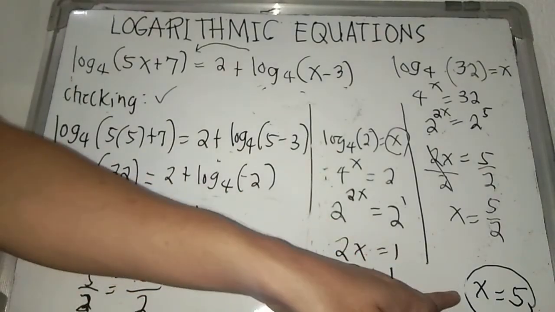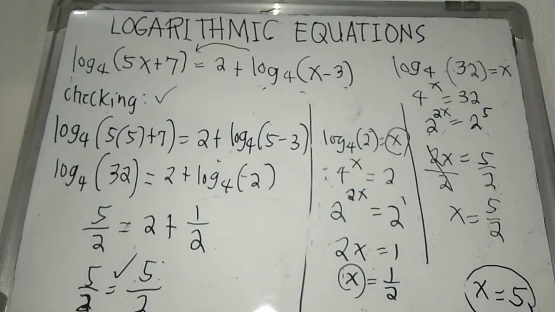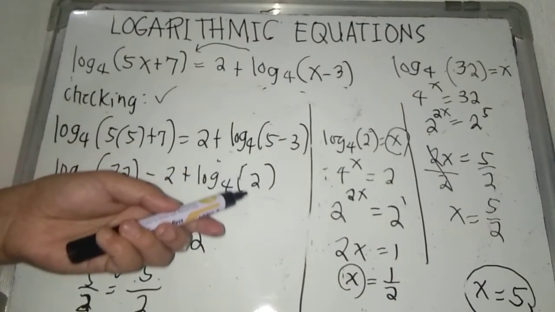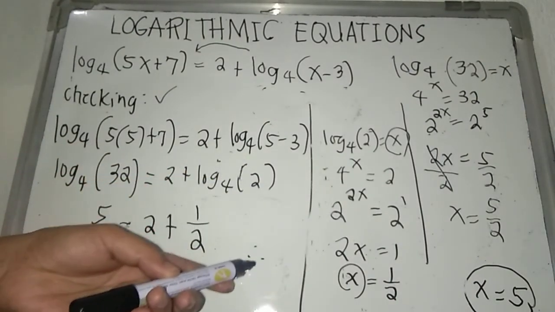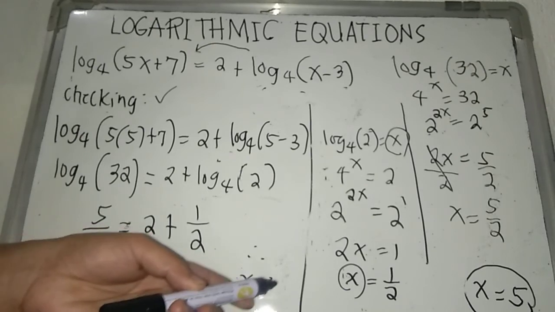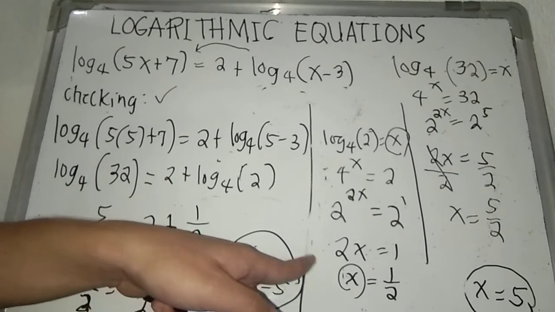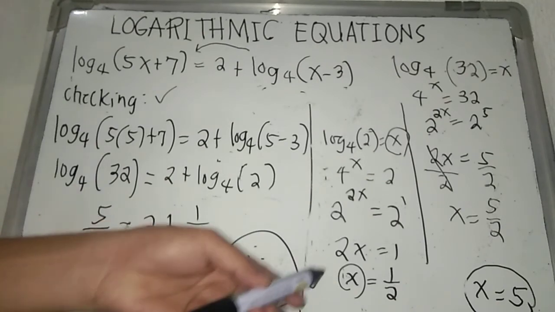Do not accept that answer; the answer is an empty set, a null set, or no solution at all. Since we have a positive value, therefore x equals 5 is our solution for this logarithmic equation.